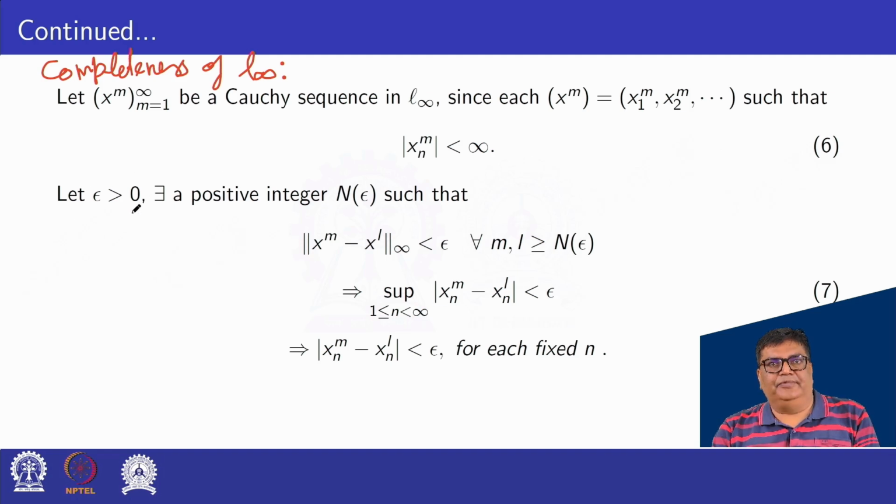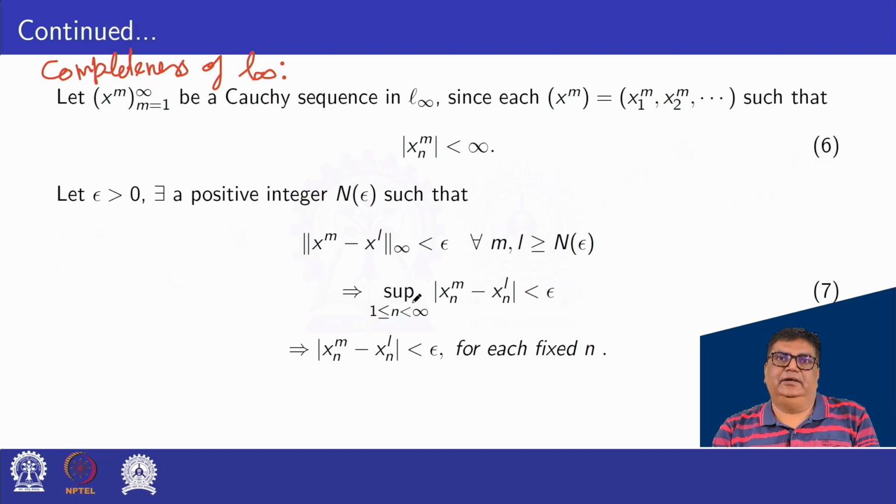Let epsilon greater than 0. There exists a positive integer n_epsilon such that norm x_m minus x_l is less than epsilon for all m, l greater or equal to n_epsilon.